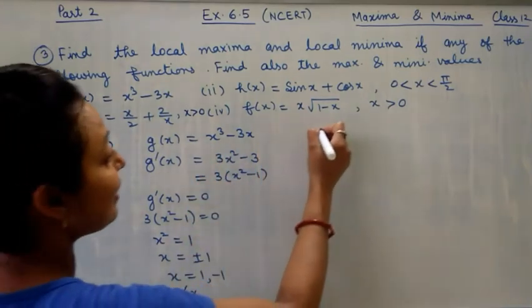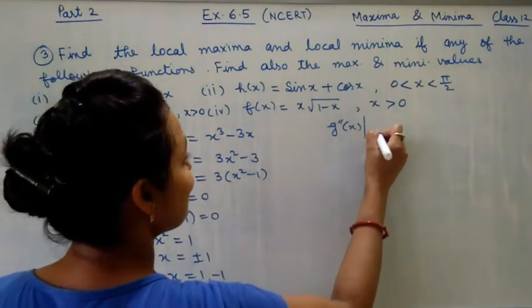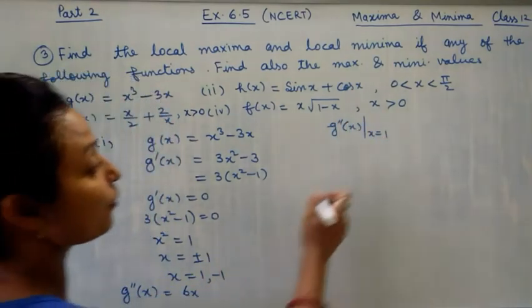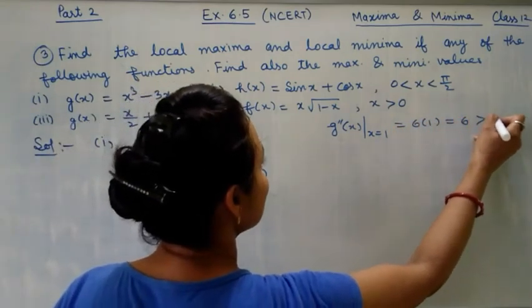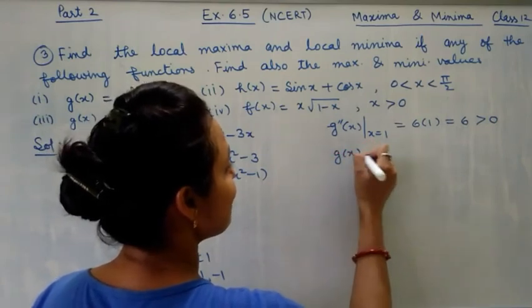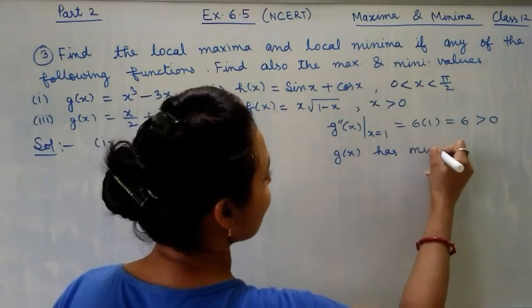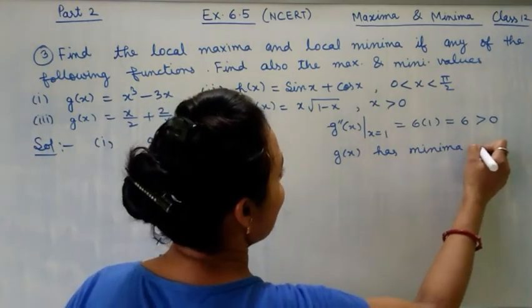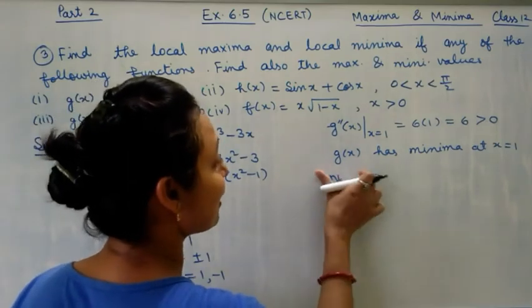Now I will check g''(x) at x = 1 first. When you put 1, 6 times 1 is 6, that is greater than 0. That means g(x) has a minima at x = 1, the local minimum value.